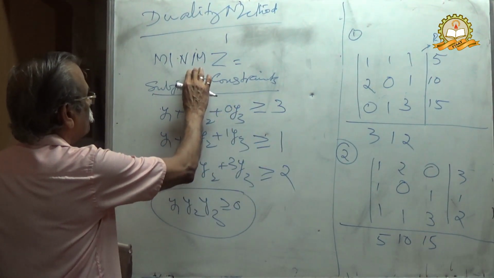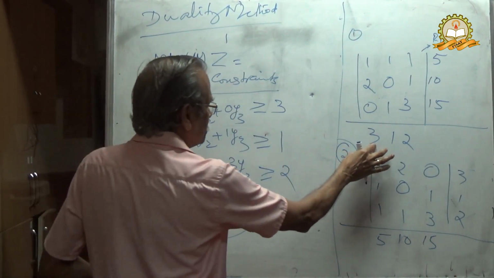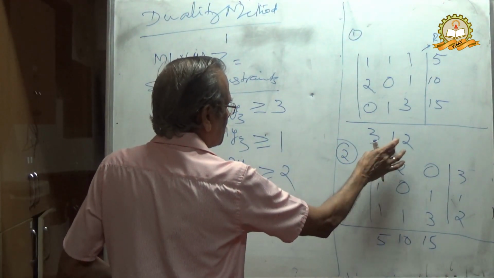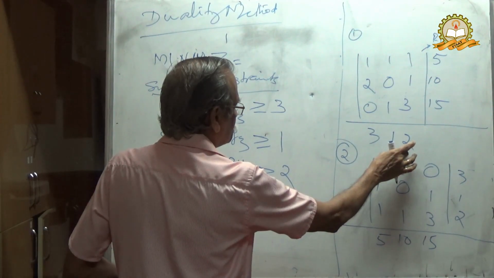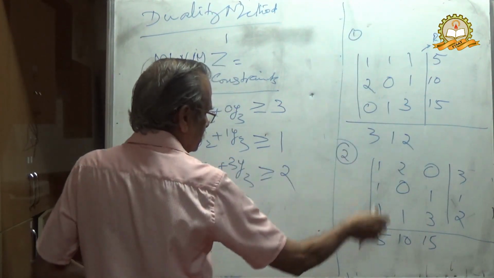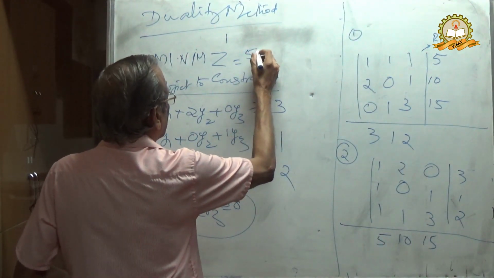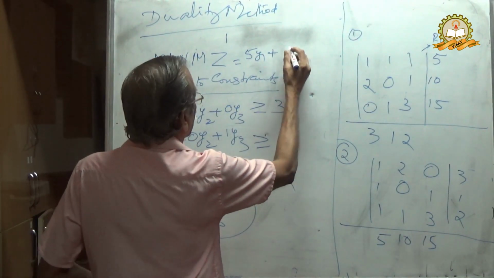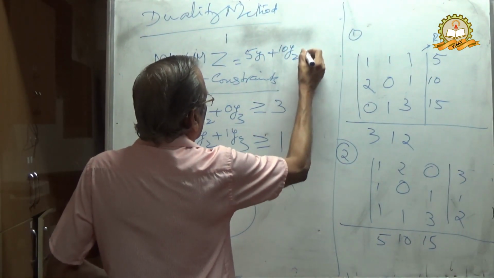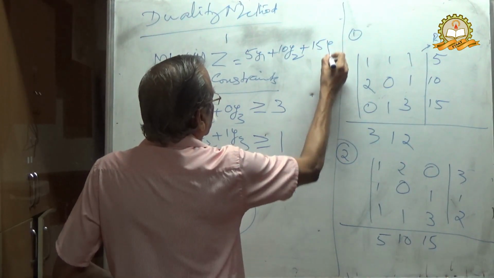Now coming back to minimization, again this was 3x1 plus 1x2 plus 2x3, the original question. Here it is 5y1 plus 10y2 plus 15y3.